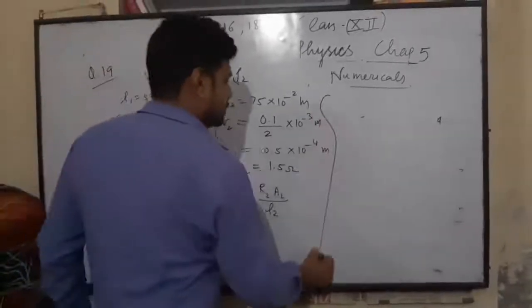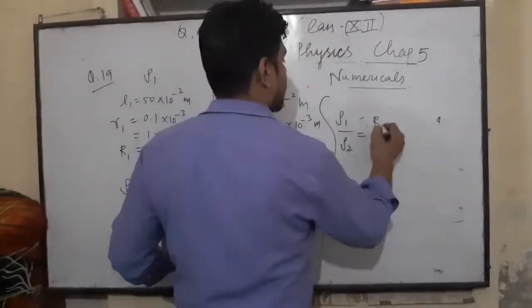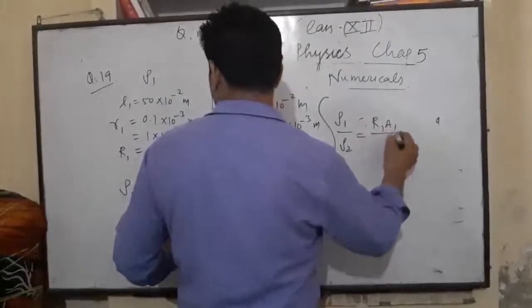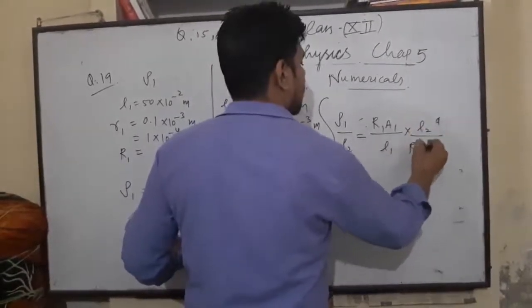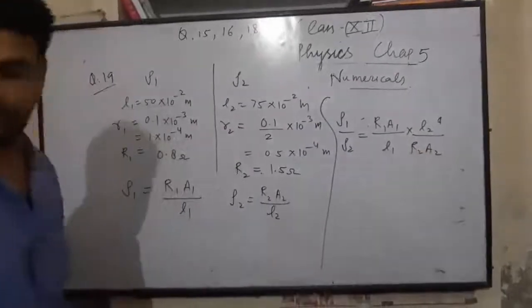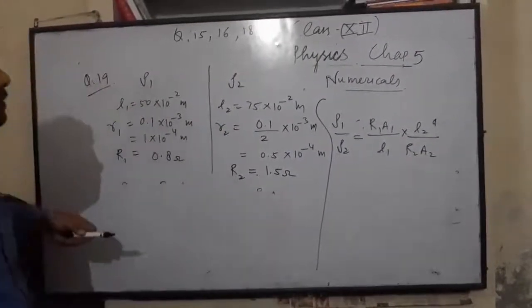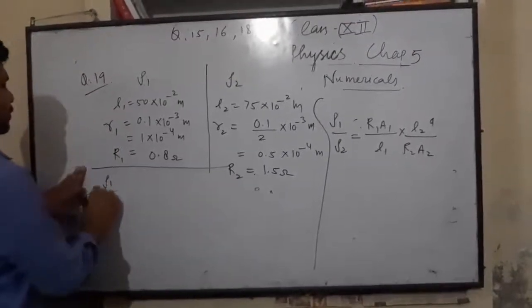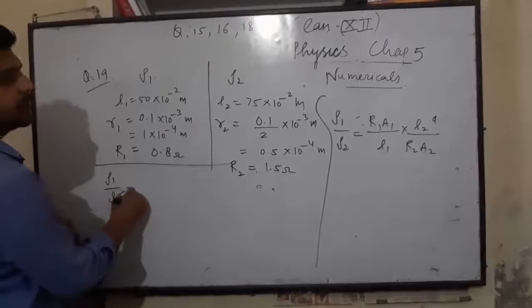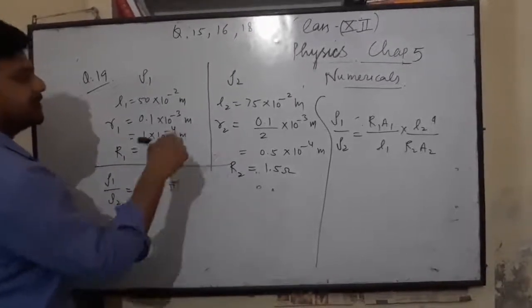So rho 1 upon rho 2 is equal to R1 A1 upon L1 into L2 upon R2 A2. Now rho 1 upon rho 2 is equal to R1, 0.8, pi R1 square.